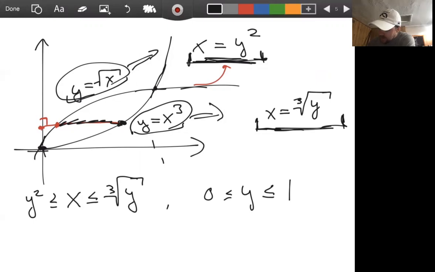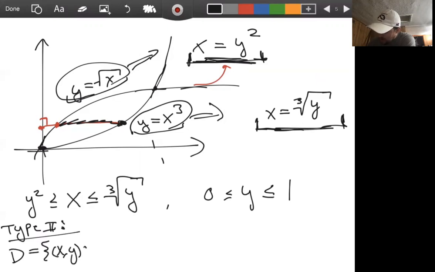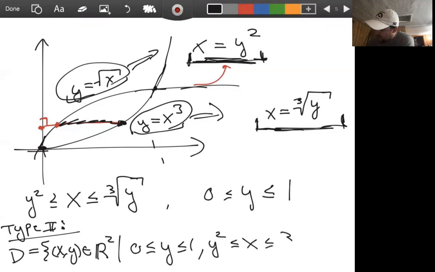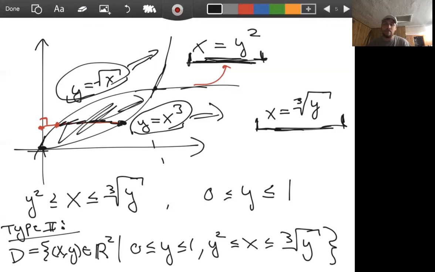And now as a type 2 region, we can express D as the set of points x, y in R2 such that y is between 0 and 1, and x is between y squared and the cube root of y. And now we've expressed this region as a type 2 region instead of a type 1 region.